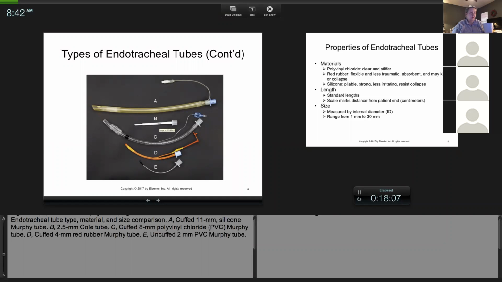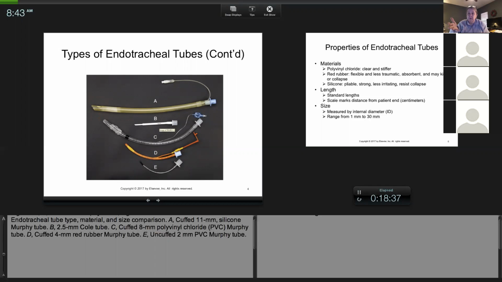Letter C is probably what most of you will have at clinics. This is a polyvinyl chloride tube, and it's clear. So when they breathe, it will fog. The nice thing is, sometimes I've seen blood come up, sometimes I've seen mucus. If they have a discharge or cough on extubation, you can look at it and say, wow, there's some mucus here, there's potentially blood.